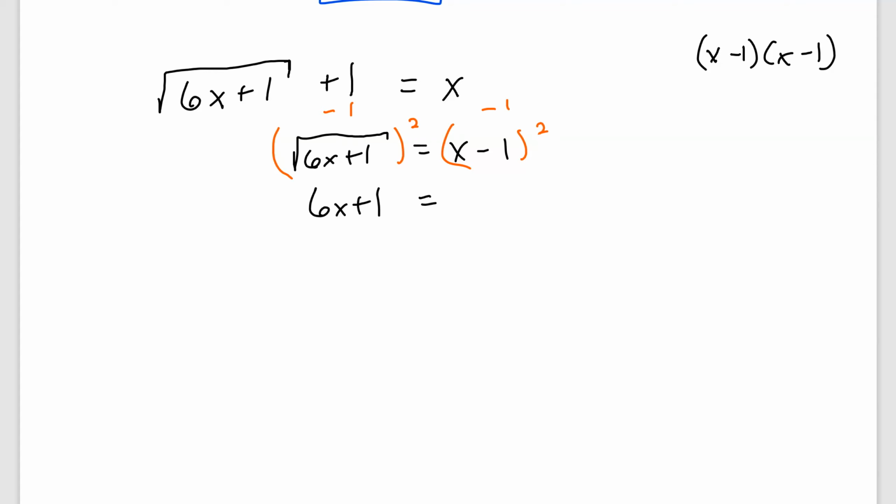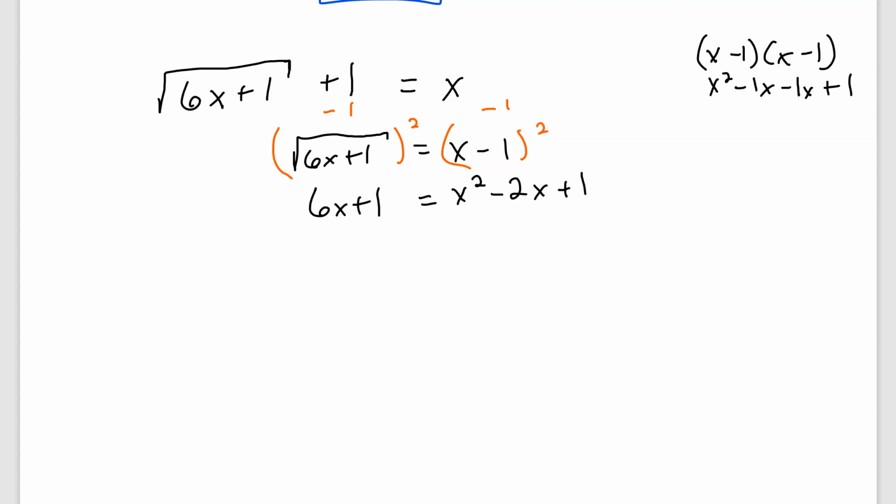Please do not just make this x squared minus 1 type of thing. You actually end up with x squared minus 2x plus 1. Because remember, whenever we distribute, we get x squared minus 1x minus 1x plus 1. We combine like terms and get a minus 2x in the center.